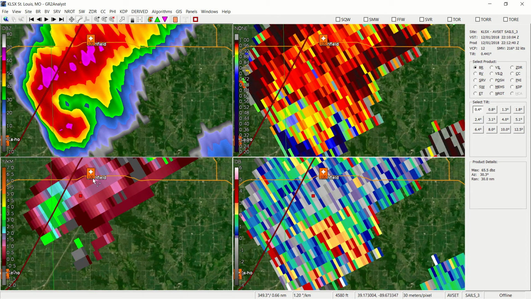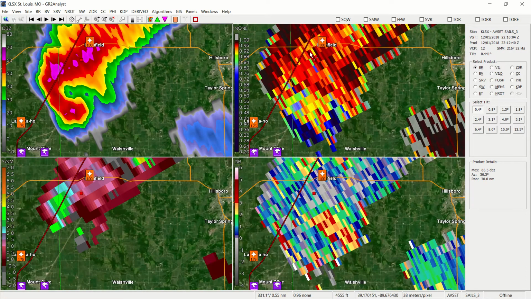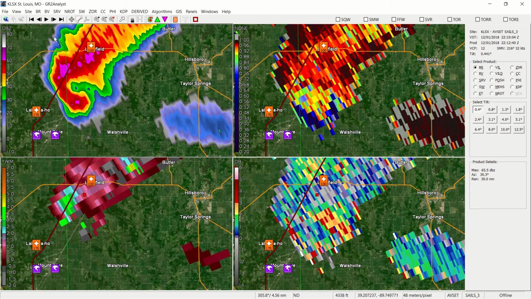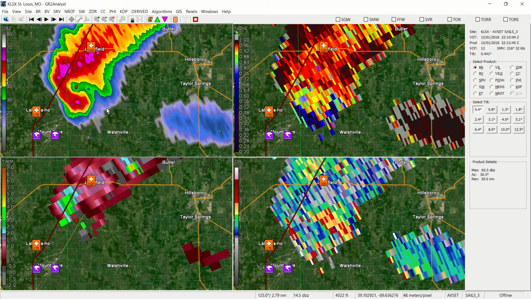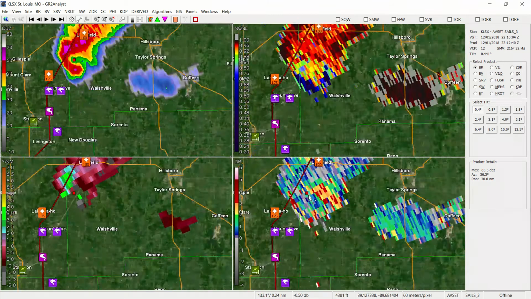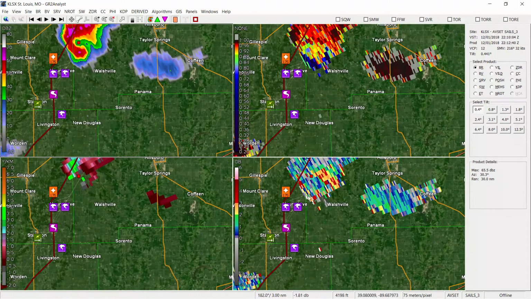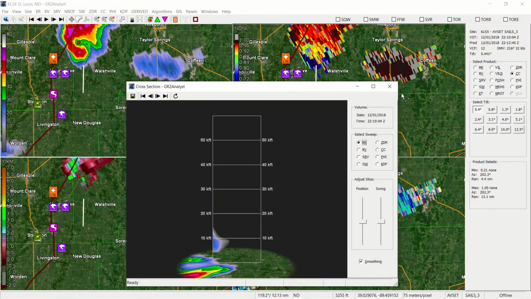So it's not heavy rain in that instance, and then also some lower CC values in there as well. But still kind of having a hard time picking out that good debris signature because of the distance, and then the fact that we're on the edge of a storm here.